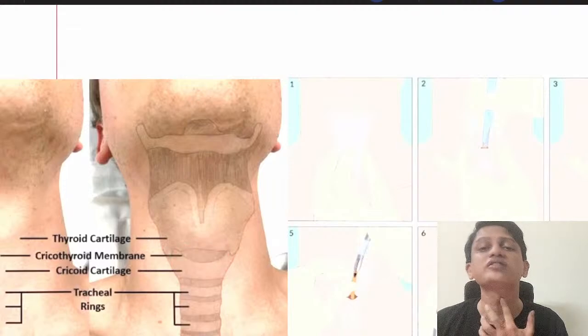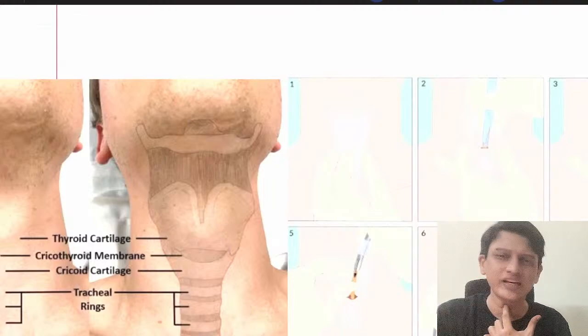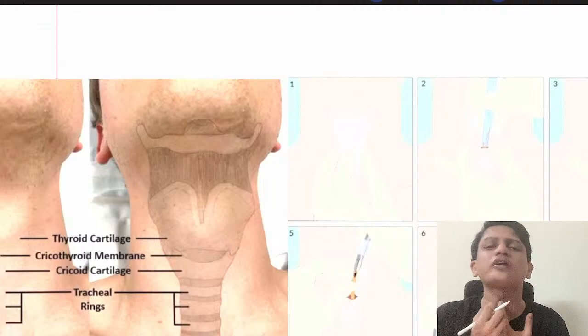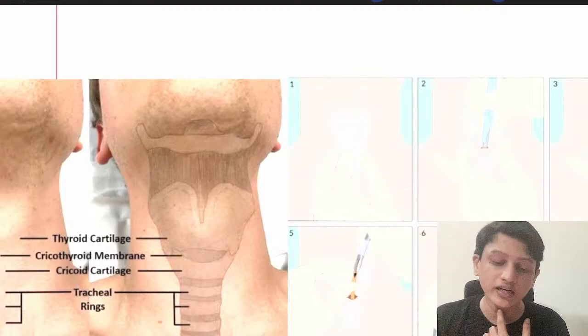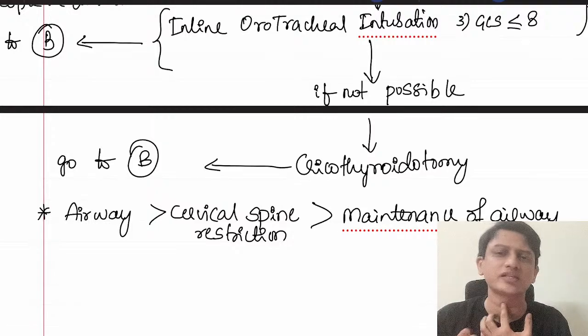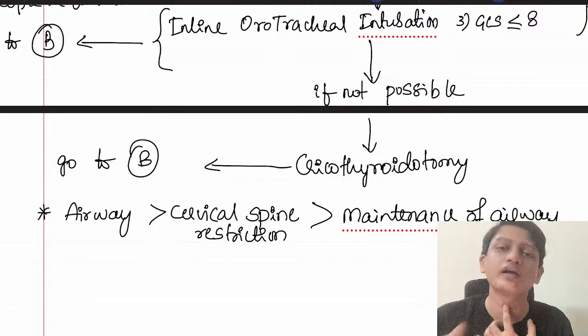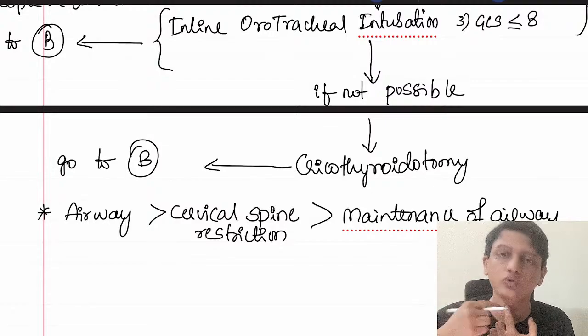You can make out the thyroid cartilage and the most prominent ring below it, the cricoid cartilage, and in between there is a space. You just take any needle immediately and put it in that space. It's called needle cricothyroidotomy. It's an emergency procedure. Without any anesthesia, you can insert a needle into this space blindly. This will secure the airway. You can take air through that for the time being.